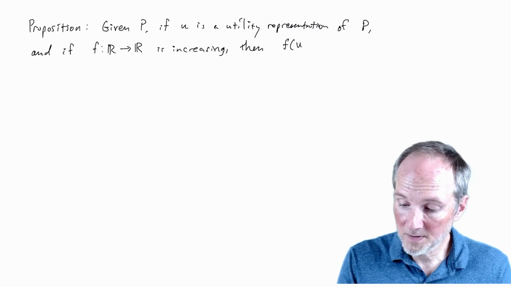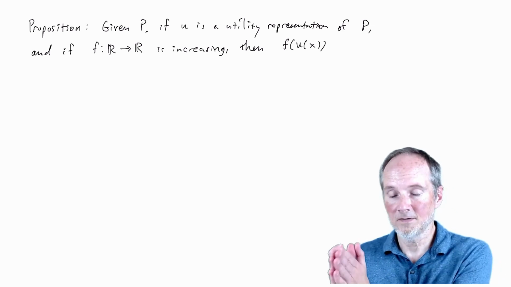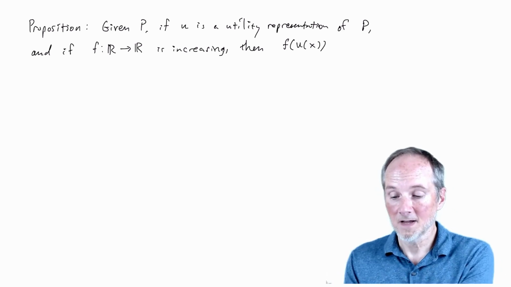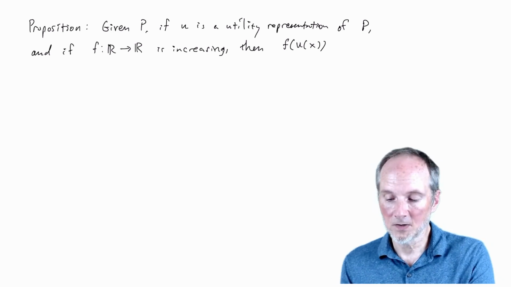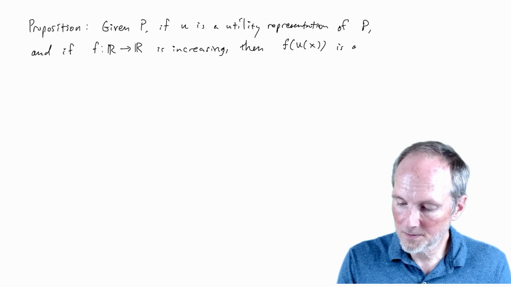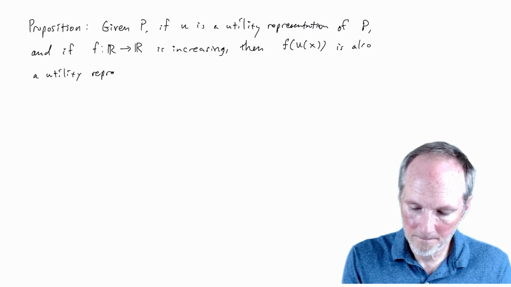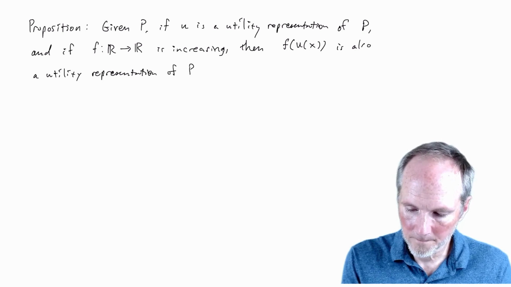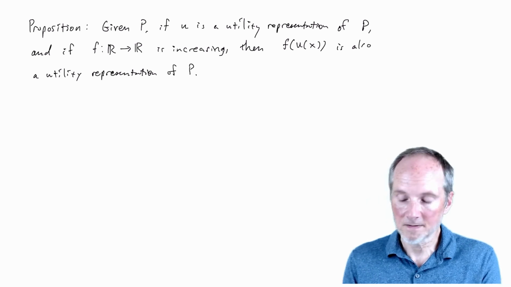if I compose the functions, right, so now instead of just the utility from x, I apply f to that, right? So it's f of utility of x. This is also a utility representation of P. Okay, and that's because it doesn't change the ordering of the utilities.